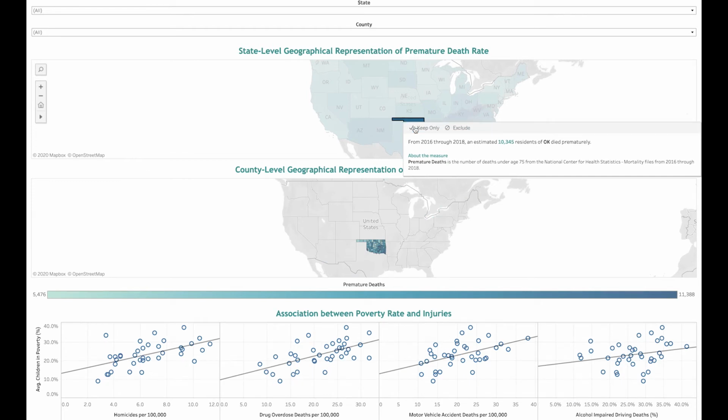As shown, you can see that Oklahoma has an average of 10,345 deaths per 100,000. The relationship with child poverty rates is highest with the number of homicides and number of drug overdose deaths per 100,000.